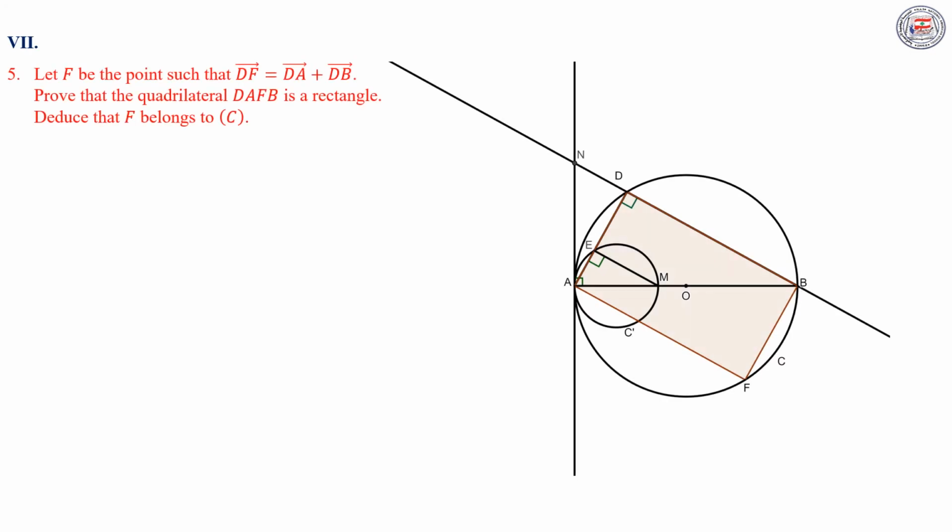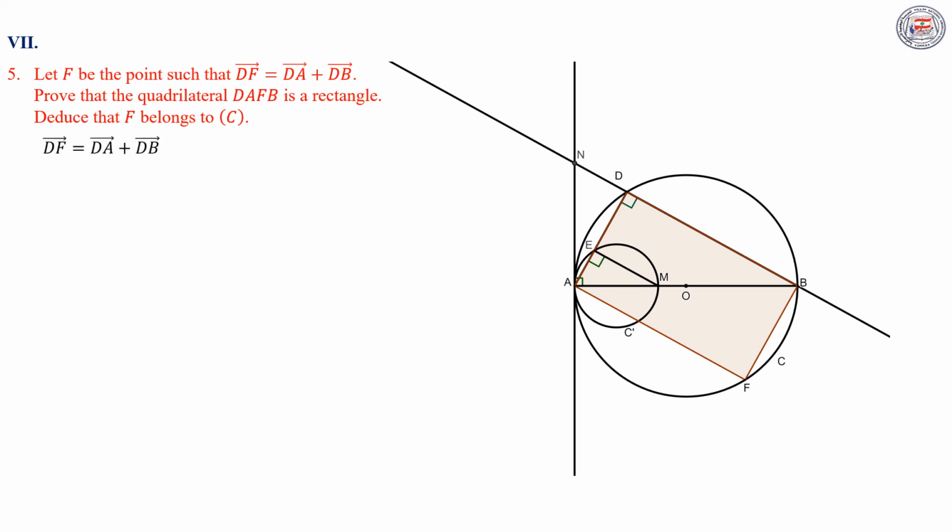In part 5, let F be the point such that vector DF equals vector DA plus vector DB. Prove that the quadrilateral DAFB is a rectangle. Deduce that F belongs to C. First, we have to prove that the quadrilateral DAFB is a rectangle.